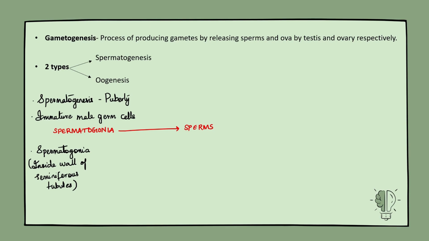These spermatogonia multiply by mitosis to increase in numbers.